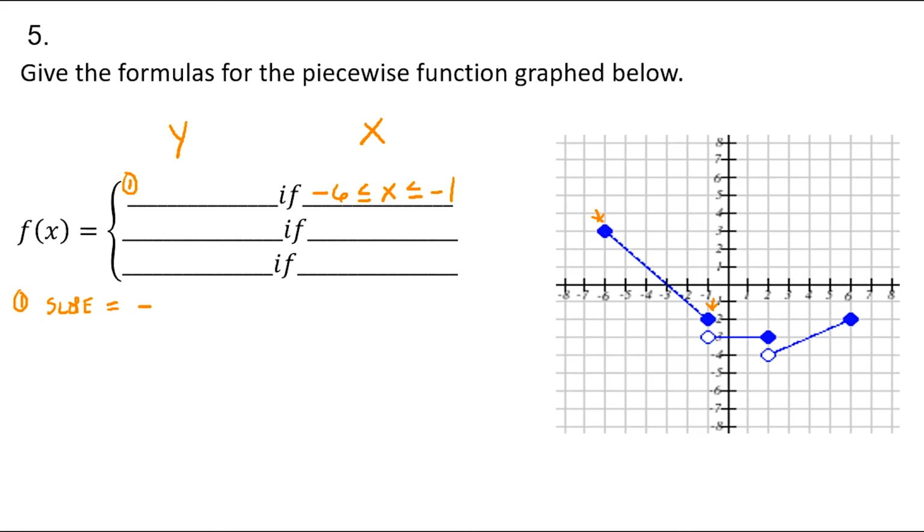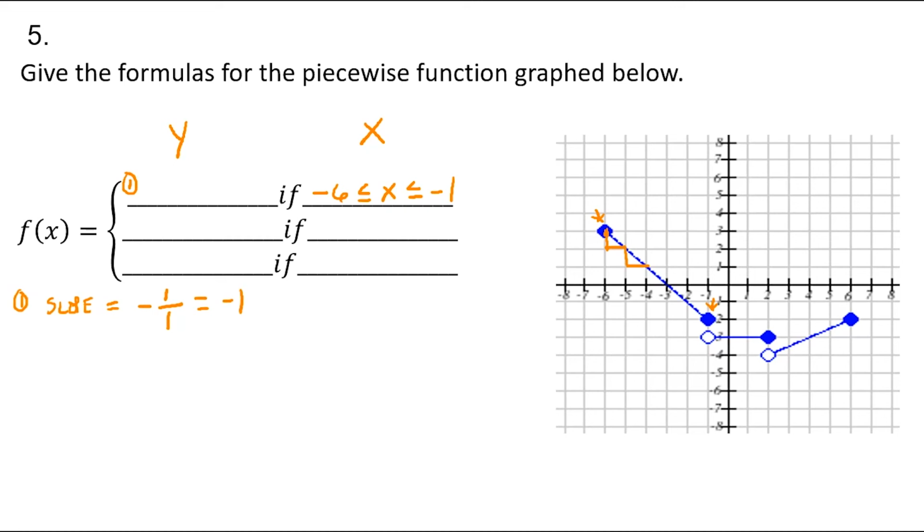You can pick 2 points and use your slope formula, or I can start at the endpoint here, and count rise over run, so how many steps up or down am I going? I'm going down 1, and then I'm going to the right 1, or I'm running 1. Down 1, over 1. So this is 1 over 1, and when I reduce this, I end up with -1.